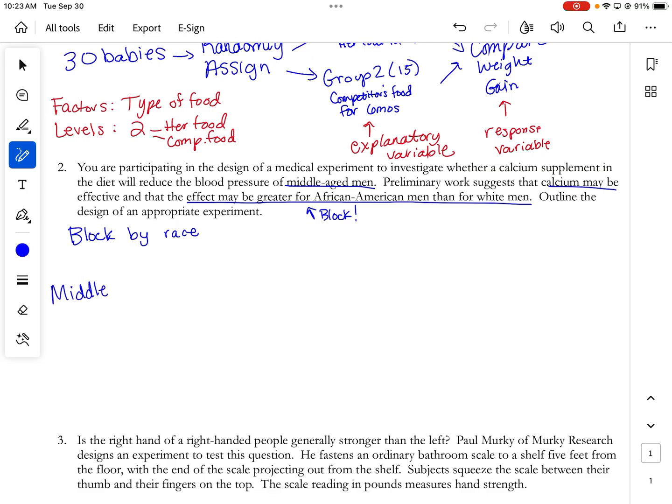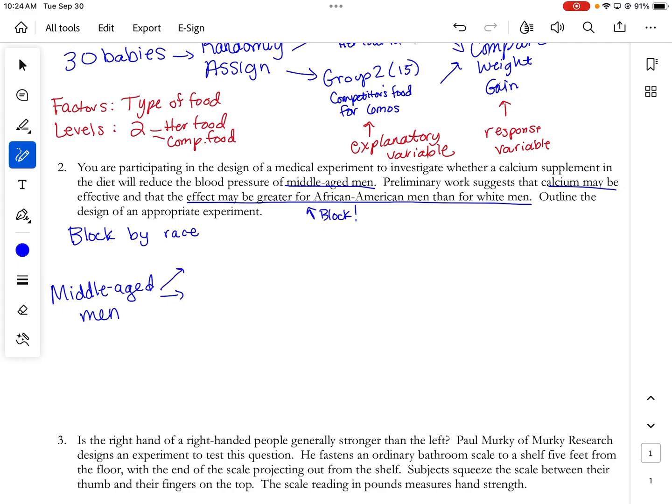So we are going to take our middle-aged men. We weren't told how many, so I'm just going to put middle-aged men. If it tells you how many, make sure to include that. If it doesn't, then you can either give it a number and split it, or you can not give it a number.